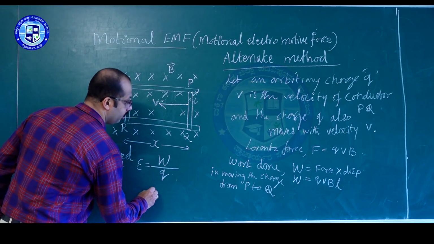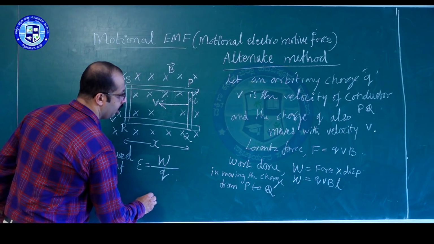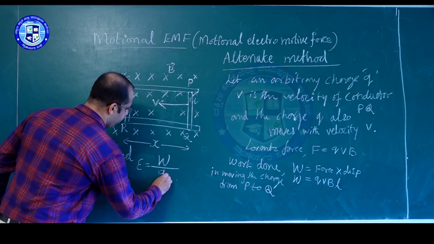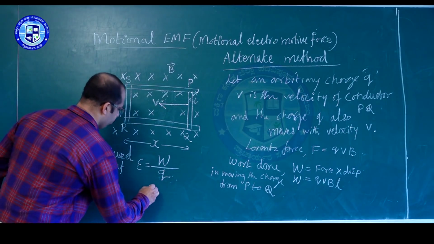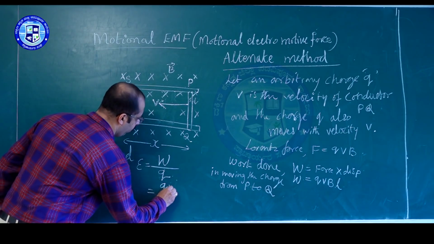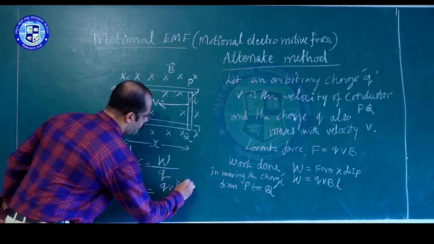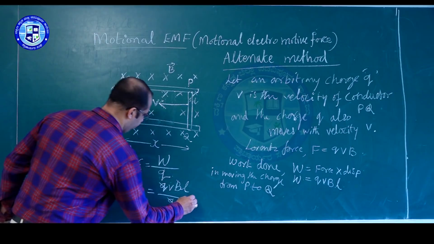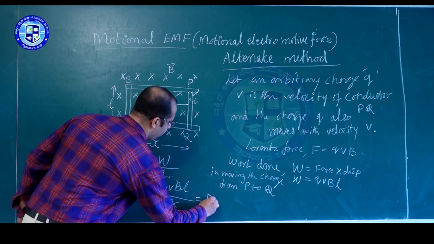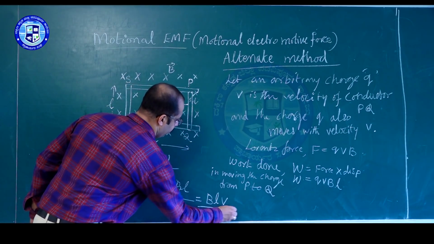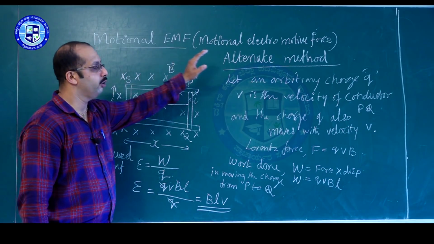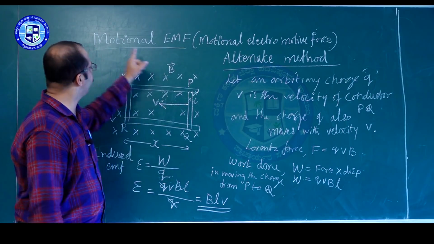So it is QVB into L divided by Q. So Q cancels, and the induced EMF is equal to BLV. This is another alternate method to derive the expression for motional EMF.